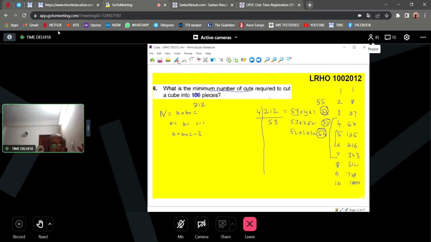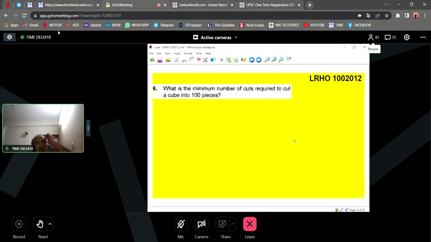The next question says, what is the minimum number of cuts required to cut a cube into 100 pieces? To cut a cube into 100 pieces. See, Manya, what the question is asking for is the minimum number of cuts, not maximum number of cuts.